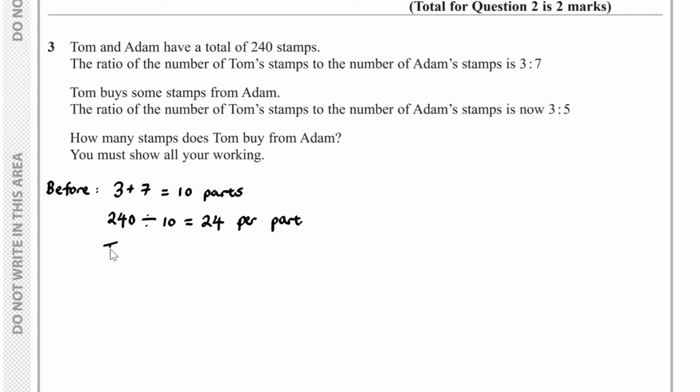So Tom, he would have 3 multiplied by 24, which is 72. And Adam, he has 7 times 24, which is 168. That's the situation before.